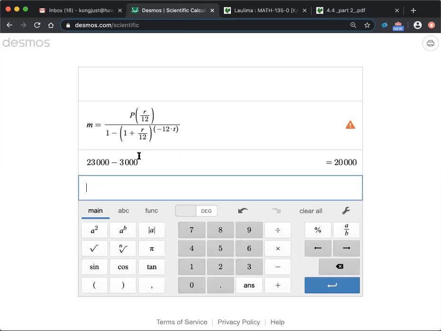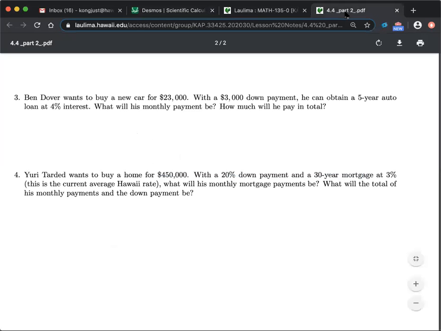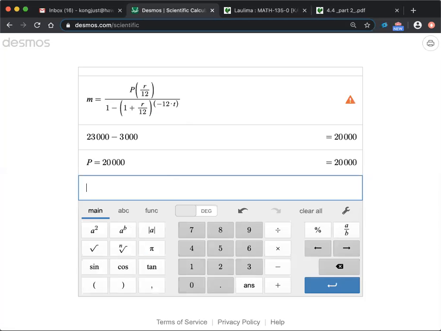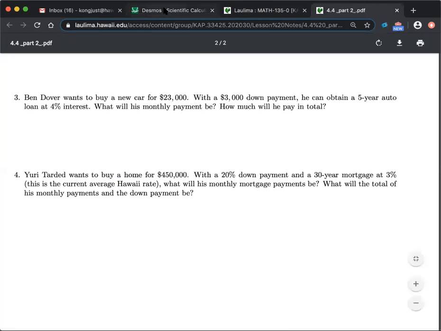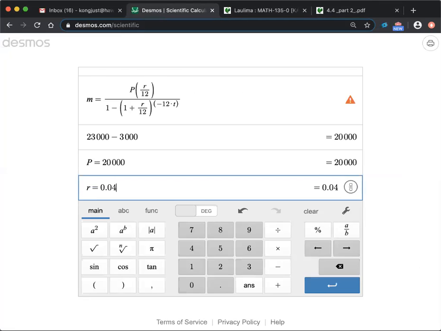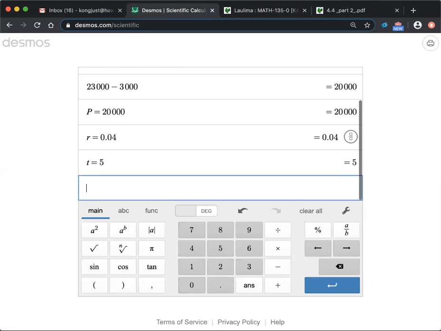That's going to be your P value. P is 20,000. It says the rate is 4% and it's for 5 years. So let's write those down. The rate is 4%, and it's for 5 years, so T is equal to 5.